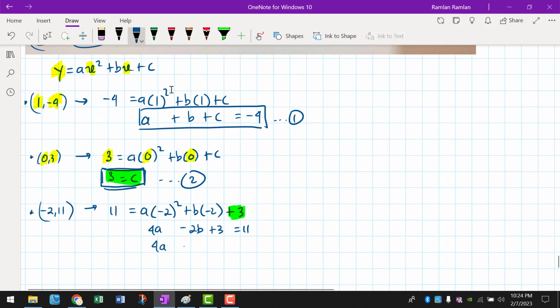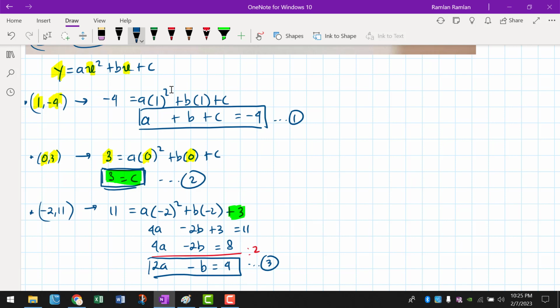That will be 4a minus 2b equals 11 minus 3, which is 8. We can simplify this equation by dividing all by 2, because all of these numbers are divisible by 2. That will be 2a minus b equals 4. So I have another equation. Let's name that equation number 3.